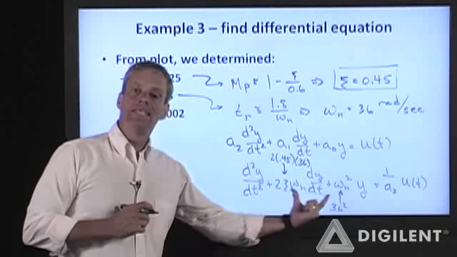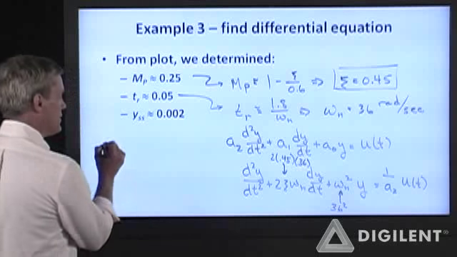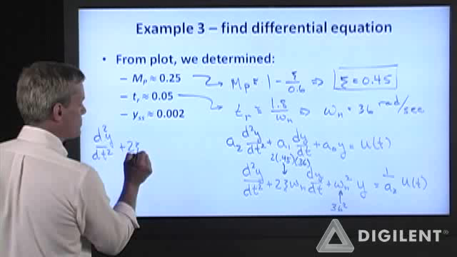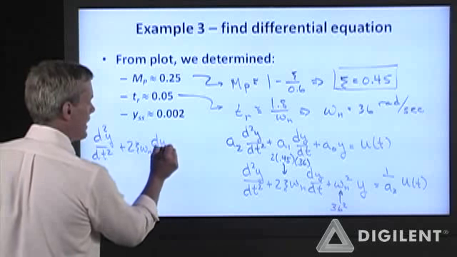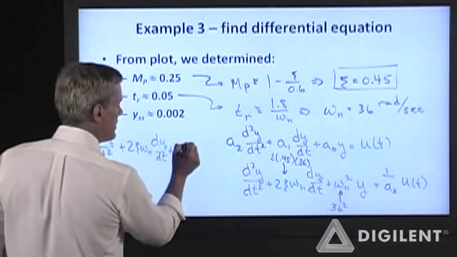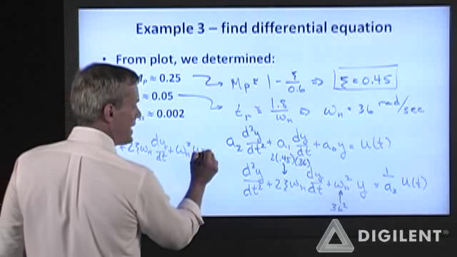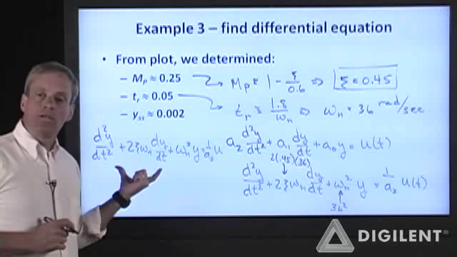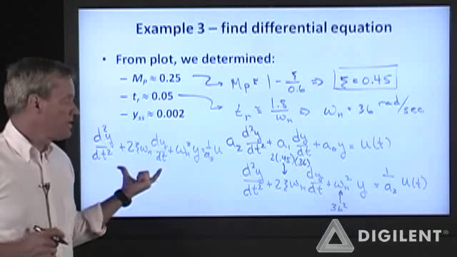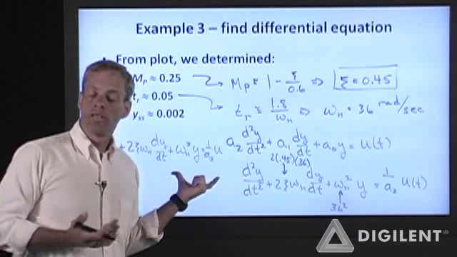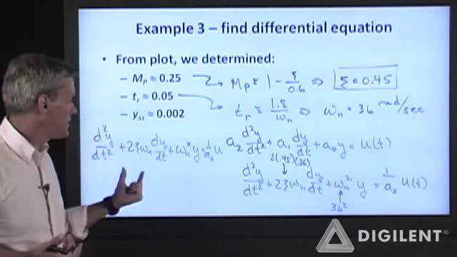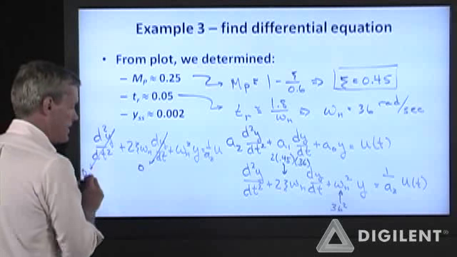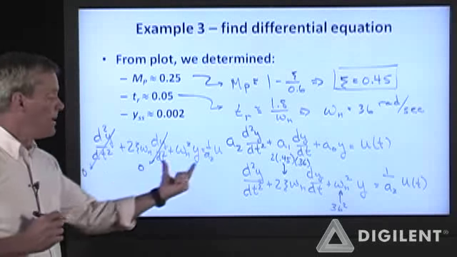We can use the DC gain to do that. So our equation is d squared y dt squared plus 2 zeta omega n dy by dt plus omega n squared y is equal to 1 over a2 u. If we take a look as t goes to infinity for this, it's a step response, everything becomes a constant. If everything's a constant, dy dt is 0, and d squared y dt squared is 0.